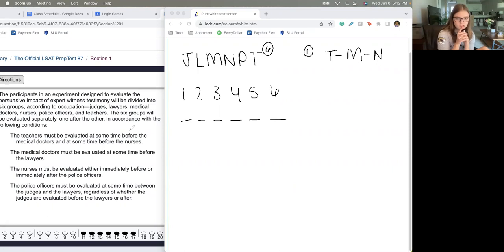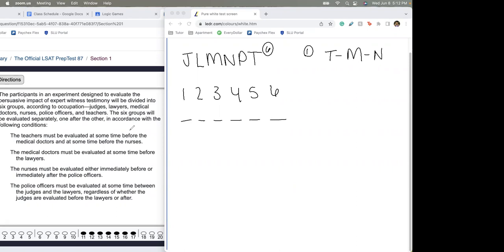Does anyone else have an idea of how they would diagram this? I don't know if I should use the raise hand function, or if I can just jump in, but so what I would do is do T and then, like how we have the first T dash M, I would do a separate line.